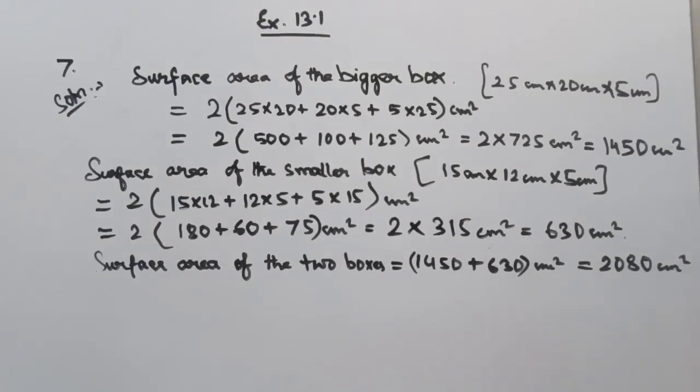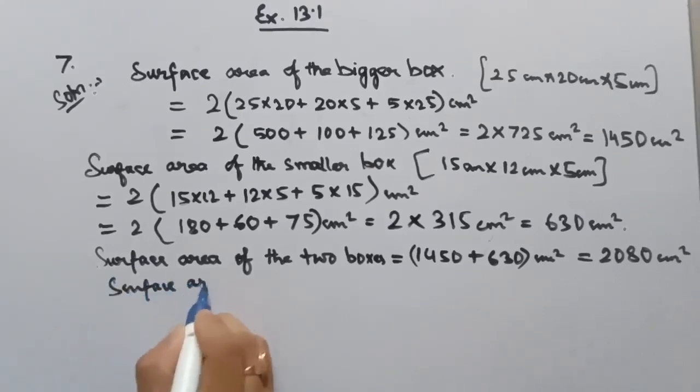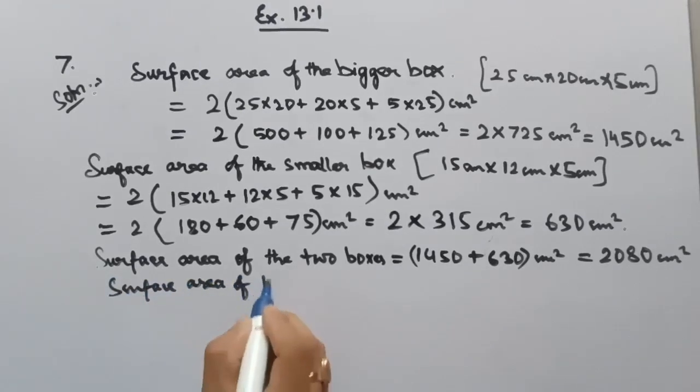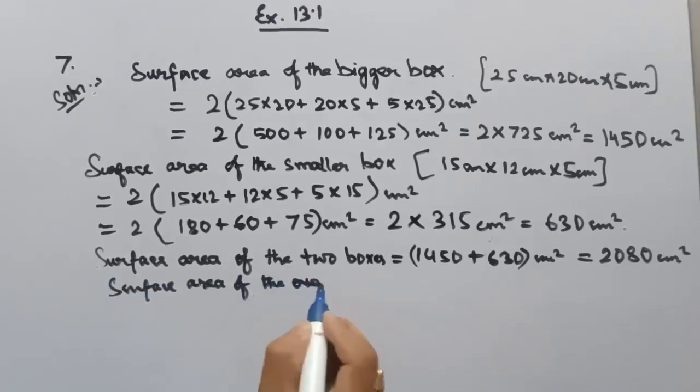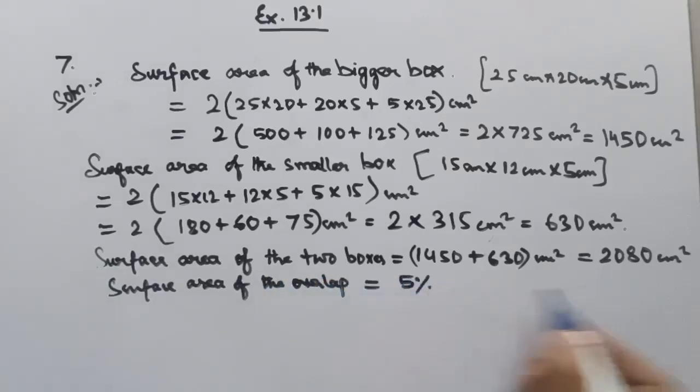So to find the area of the overlap, it is mentioned in the question that the overlap is of 5% of the total surface area. So surface area of the overlap is equal to 5% of the total area.